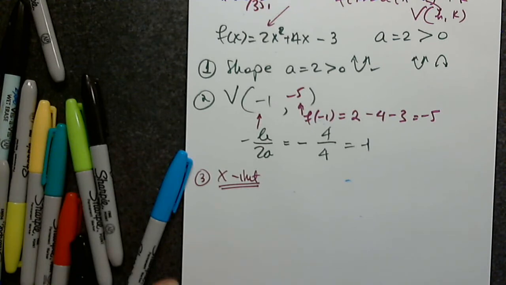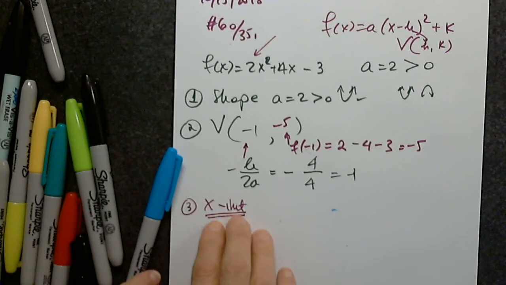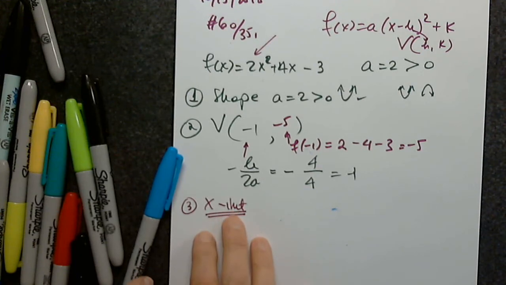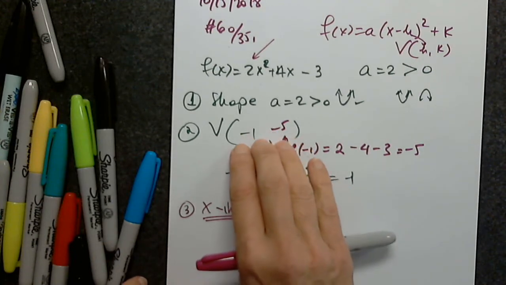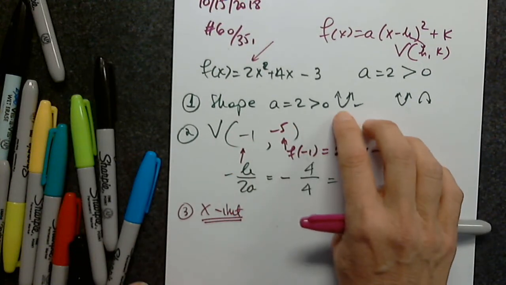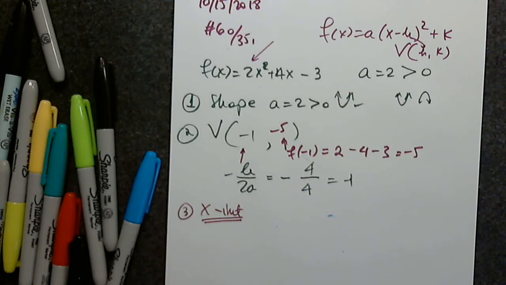Yes. So the question now is if I should find the x-intercepts. I should if they exist, but I wouldn't waste my time if they don't. So look at the vertex, look at the fact that there is a minimum, and decide right away, yes, go ahead and find them, or no, don't waste your time because they don't exist.